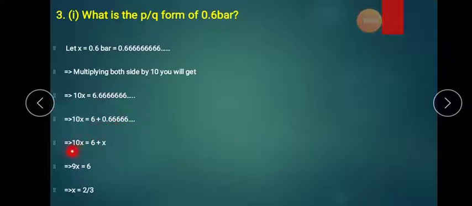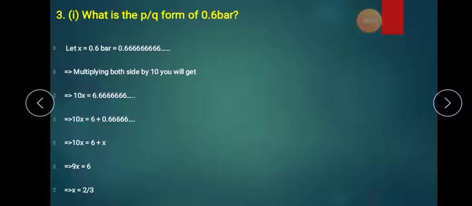Now 10x equal to 6 plus, now you see 0.66, what we have taken previously? We have taken this whole value as x. So now in place of this 0.66, we will write x. Got it clear? So 10x equal to 6 plus x.